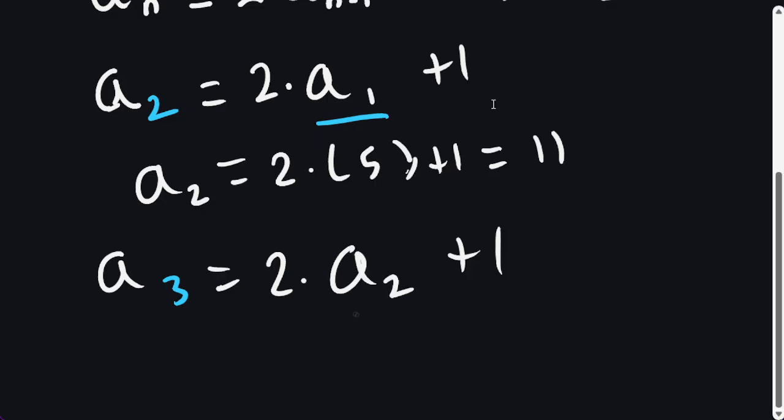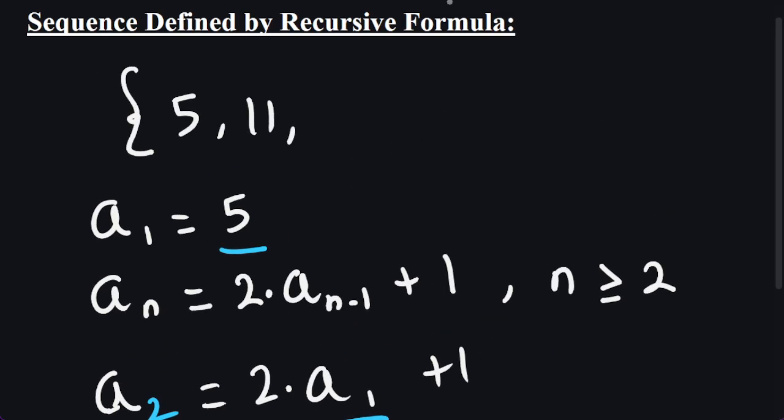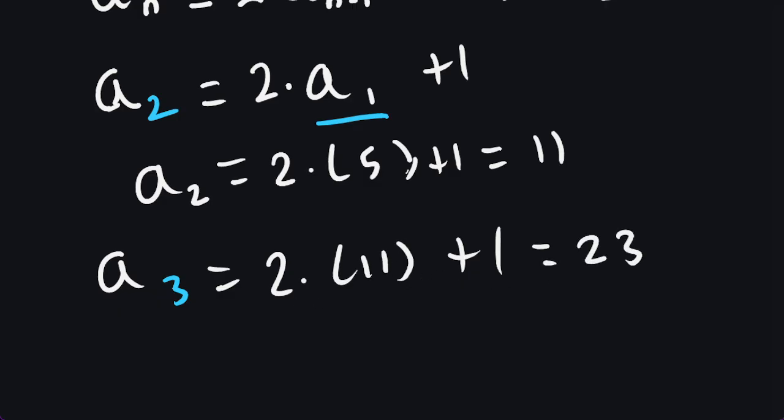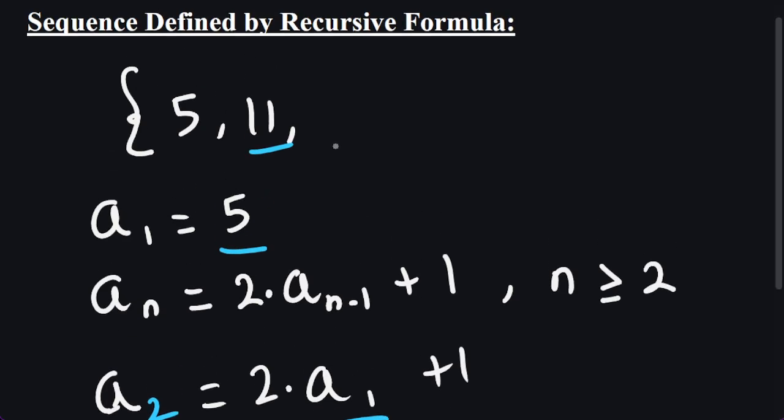We know a sub 2 is 11, because that's what we previously found. So we replace a sub 2 with 11. 2 times 11 is 22, plus 1 is 23. So a sub 3 is 23.